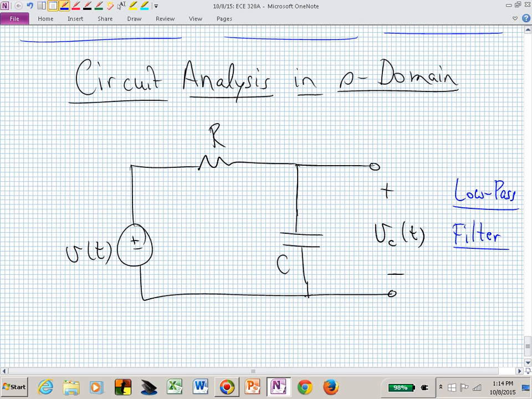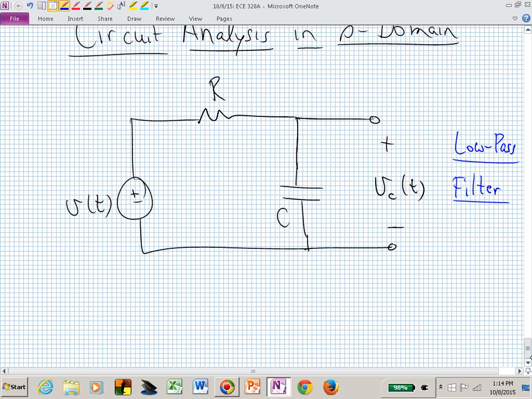Let's use mesh, but which of these variables do we probably want to focus on? The capacitor voltage. So our strategy is to write these equations in terms of the capacitor's voltage.